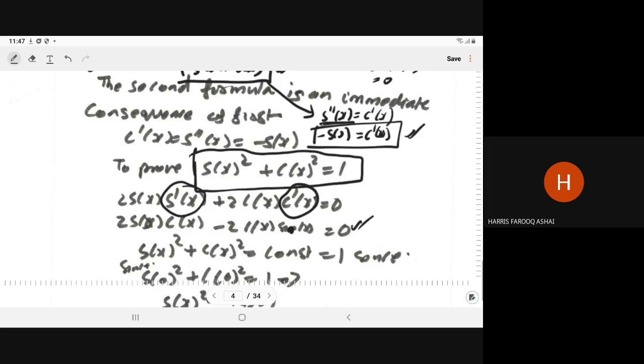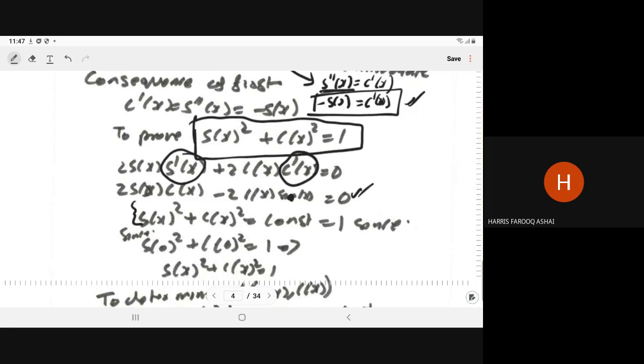Now if you integrate on both sides, what will the integration give? S square plus c square is equal to constant. You put x is equal to 0. What is the value of s0?